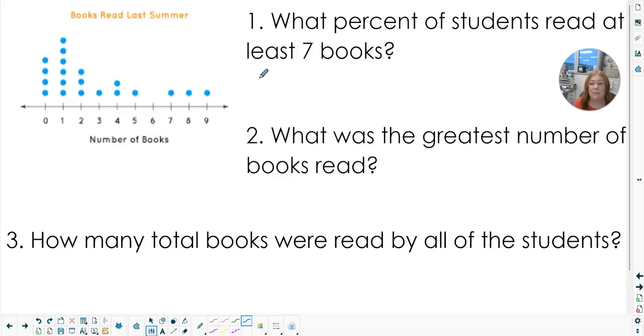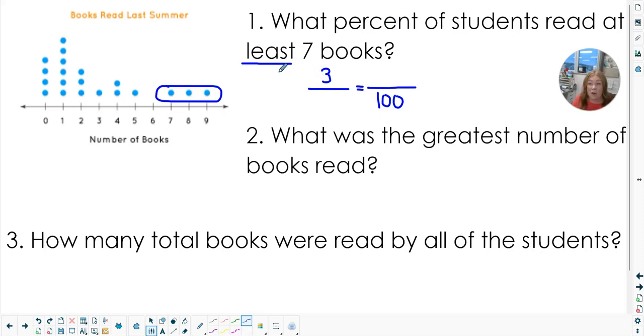So question number 1 says what percent? So as soon as we hear percent, we are setting that up out of 100. So what percent of students read at least 7 books? So we're looking at least 7. So 7's the lowest they could read. So 7 or more. So 3 people read 7 or more books, right? At least.